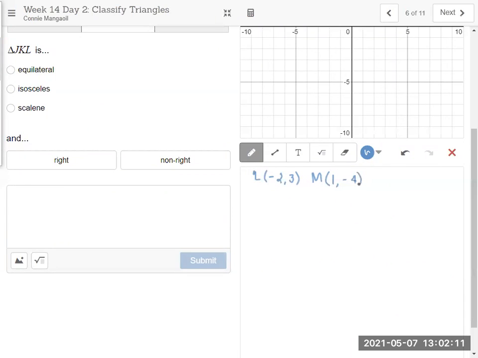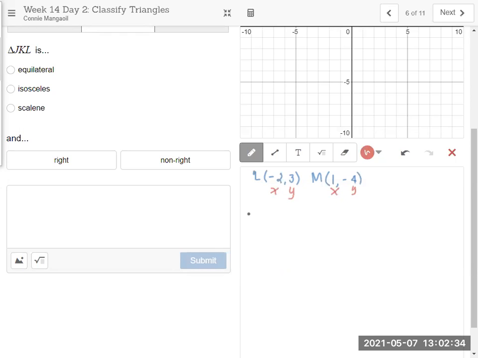Just for this one, class. Now recall that the first coordinate is your X, the second is Y. So this is XY, this is XY. So the X values are -2 and 1. The Y values are 3 and -4.